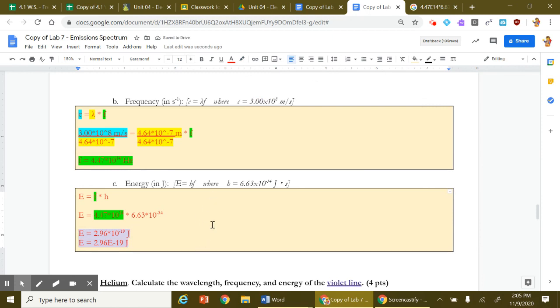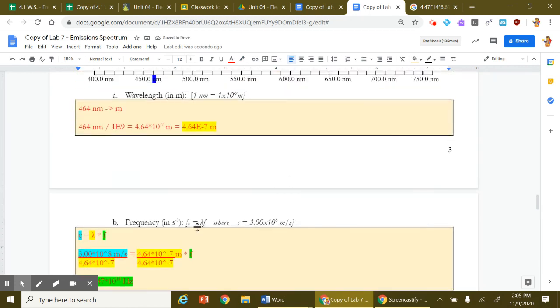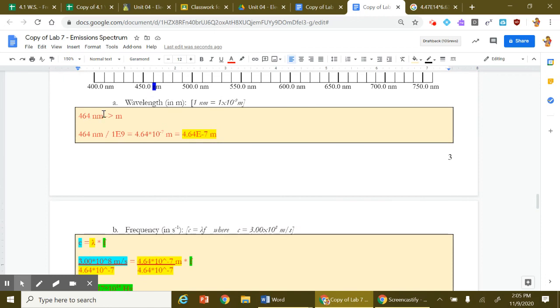So there you go. Those are the steps, folks. You have to start by taking the nanometers and converting into meters by dividing by a billion, or 1 times 10 to the ninth. That's the first step.